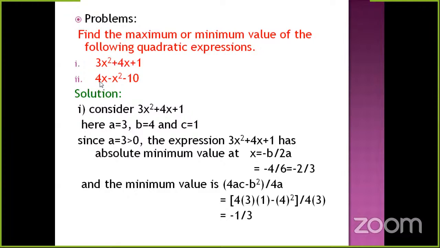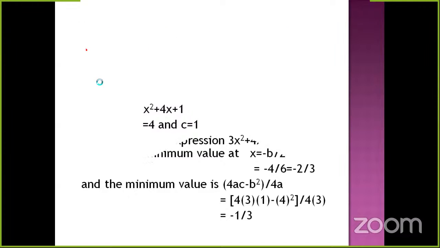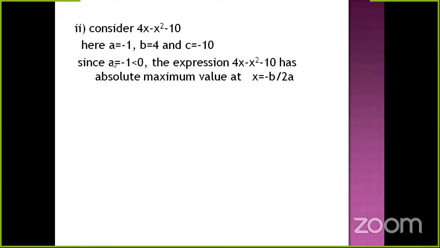Now, let us consider the second one. That is 4x minus x square minus 10. Here again, by comparing this expression with the standard form of quadratic expression, I will get a, that is the coefficient of x square as minus 1, b, the coefficient of x as 4, and c, which is equal to minus 10.